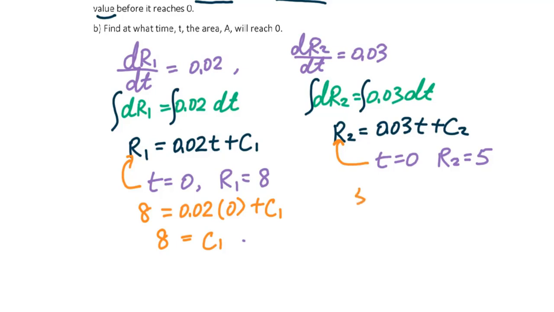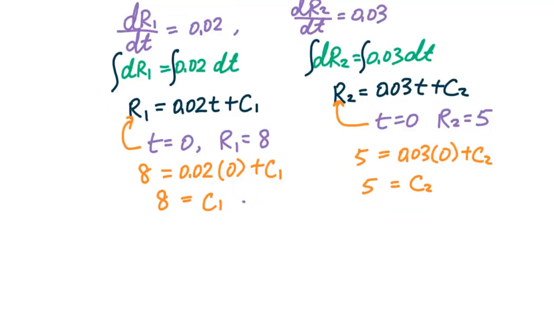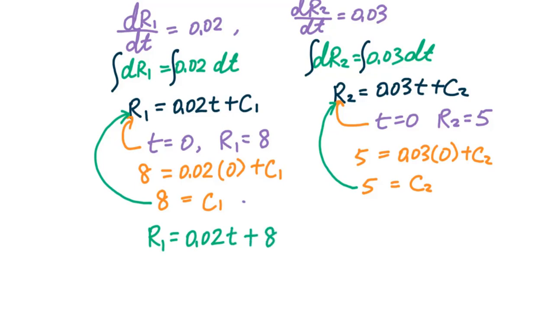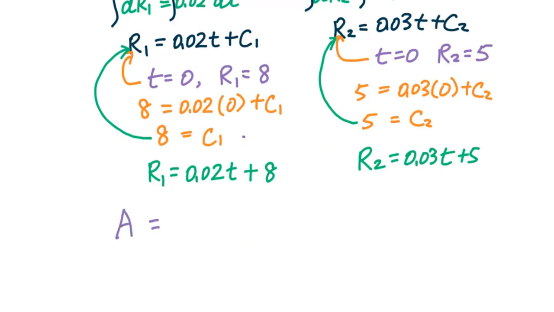For r2, you will get 5 equals 0.03 times 0 plus c2, so c2 equals 5. Substitute back c into the r1 and r2 functions. You will get r1 equals 0.02t plus 8, and r2 equals 0.03t plus 5. The shaded area A equals pi r1 squared minus pi r2 squared.